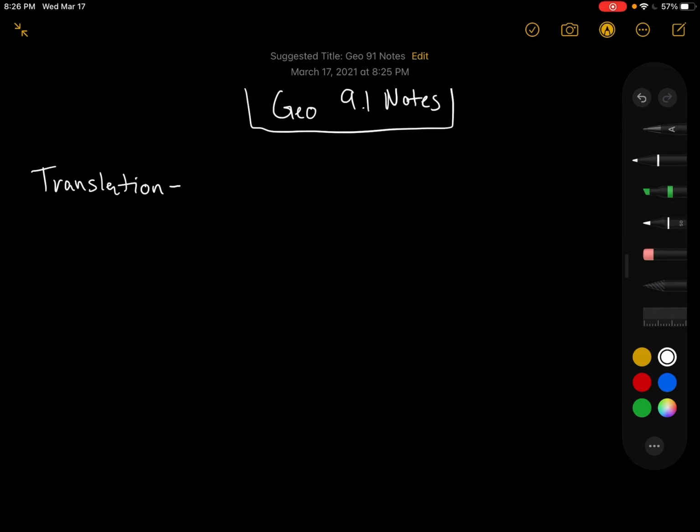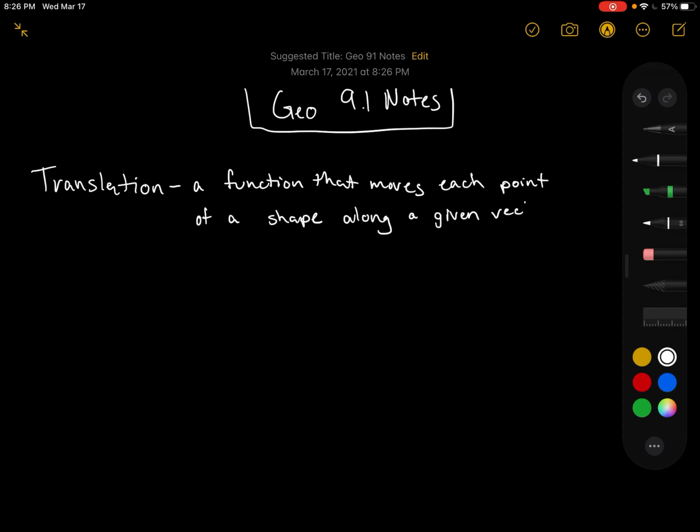So first, translation. Let's get that word defined. This is a function that moves each point of a shape along a given vector.